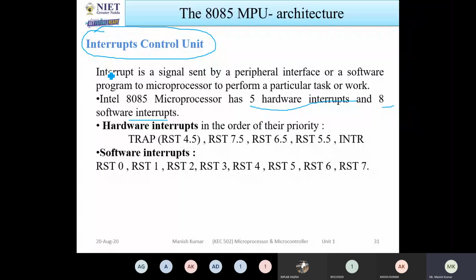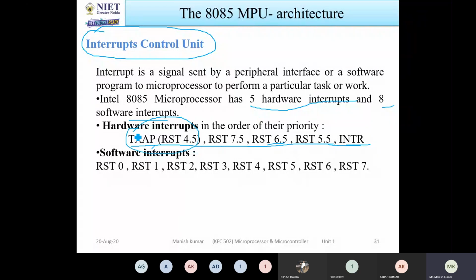So now, when you are talking about the hardware and software parts, there are 5 hardware interrupts available in 8085. They are called TRAP, also called RST 4.5, RST 7.5, RST 6.5, RST 5.5 and INTR. Okay, so these 5 interrupts are there. Now in these 5 interrupts, the TRAP interrupt is a non-maskable interrupt.